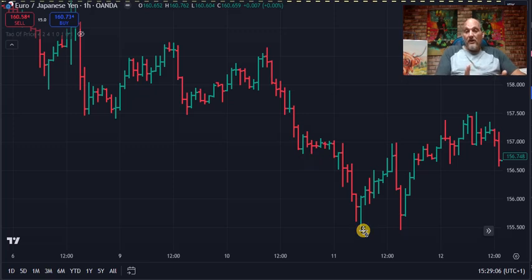Because we have the benefit of hindsight, we could say this one right here is the lower low. But this was a low, and we had a minor reaction up here, and then it broke. So sometimes it can be a little bit difficult to pinpoint, but we can say that right here is the lower low.